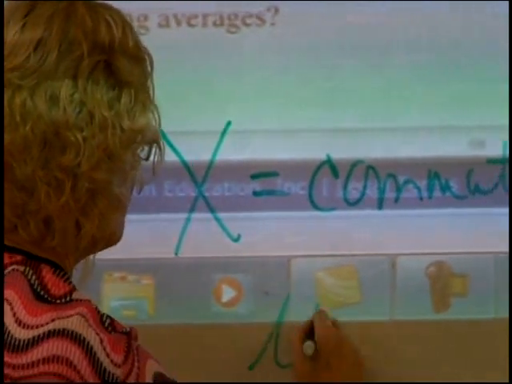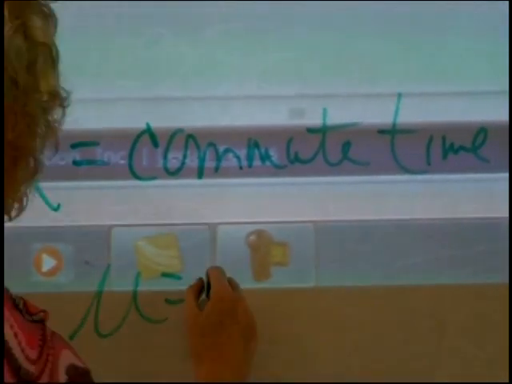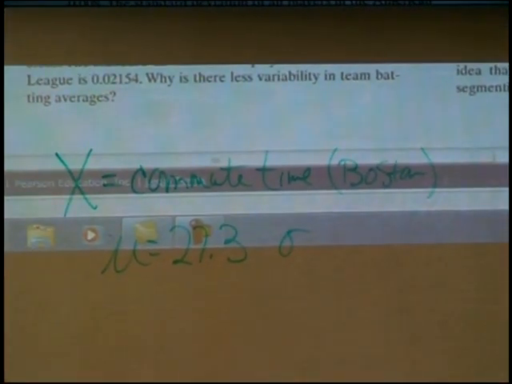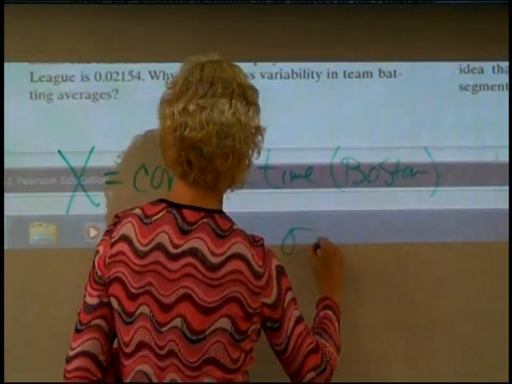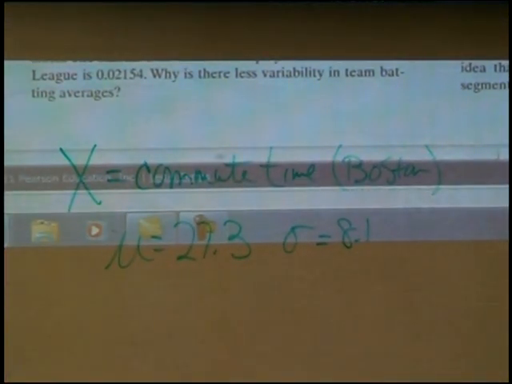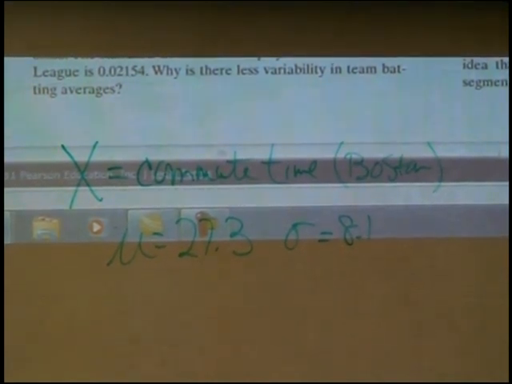It has a mean commute time of 27.3 minutes and a standard deviation of 8.1 minutes. Notice here that it doesn't say anything about the distribution. Therefore, we automatically use Chebyshev's.